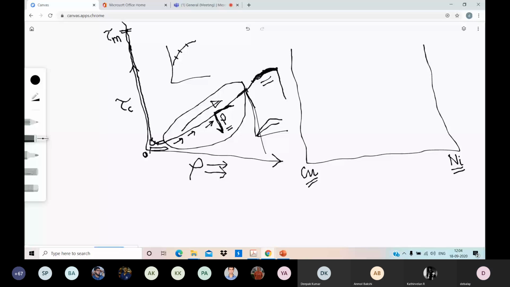Why? Climb movement, and extra slip systems will become active. The stress will also reduce, because atoms will now vibrate.